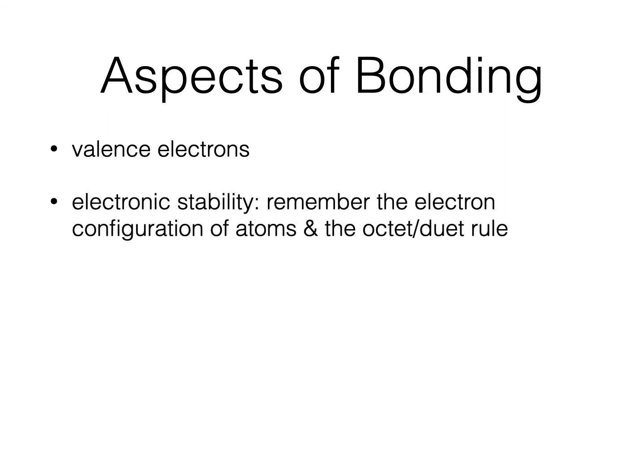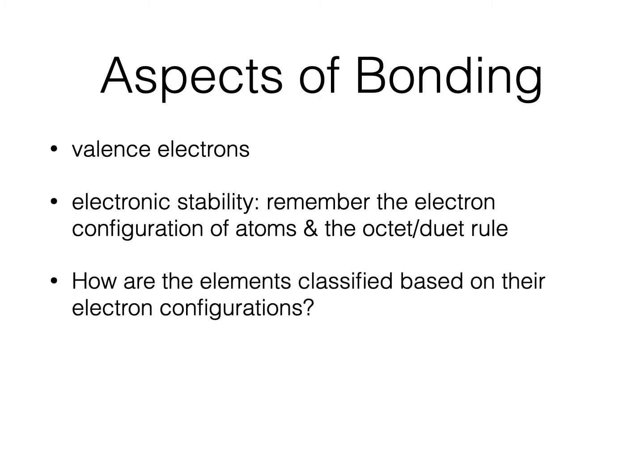Realize, as we've discussed previously, the goal is to have a system that is more stable, that reaches a lower energy state, and achieves, in this situation, an octet of valence electrons or a duet, depending on exactly where we are on the periodic table. Now, we classify elements based upon what they're doing with those valence electrons. And the two general categories that we've discussed previously are metals and nonmetals.